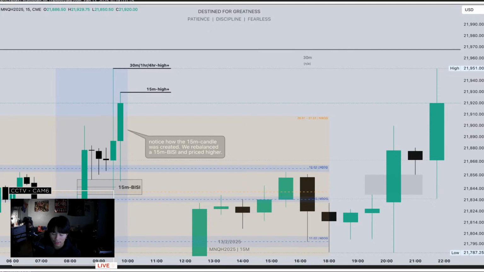So they are in alignment with each other. And the whole idea of this specific trade is that we should take out the 15-minute high, and once we complete that objective on the 15-minute time frame, we should expand towards the 30-minute high, because the 30-minute candle is also suggesting higher prices, right?